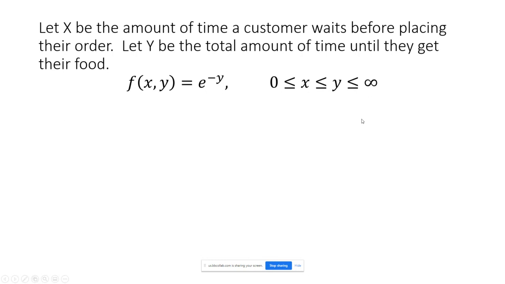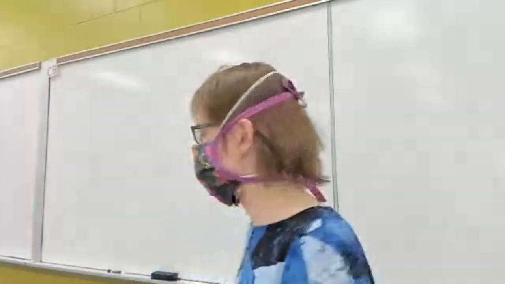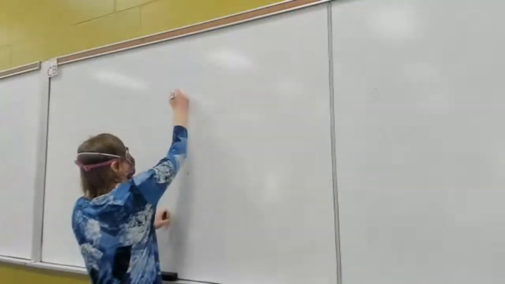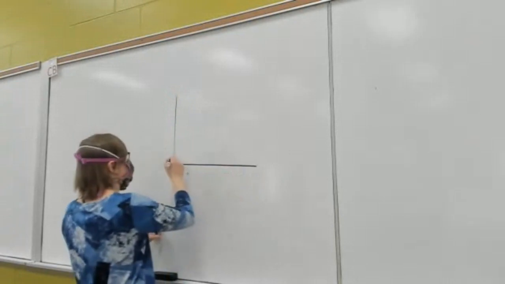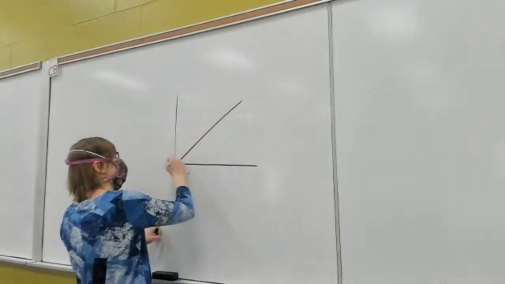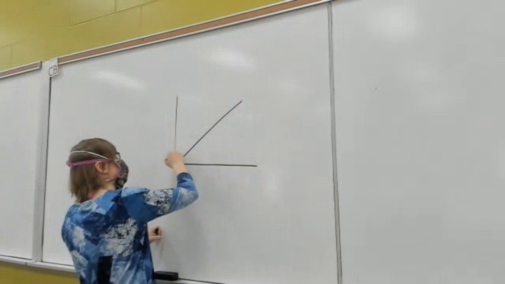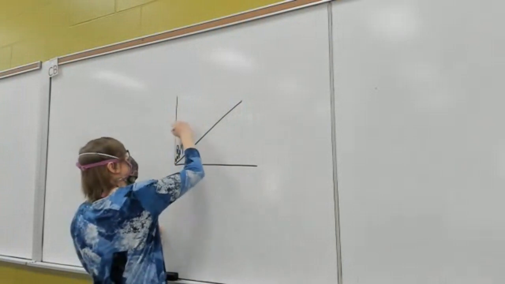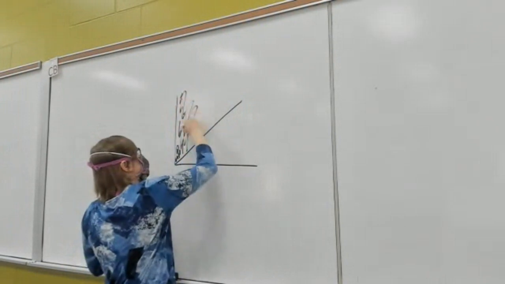So just a note before we get into that, here our region where the joint density function is non-zero is this infinite triangle, right? Because y is greater than or equal to x, and x has to be greater than 0, but there's no upper bound on y.